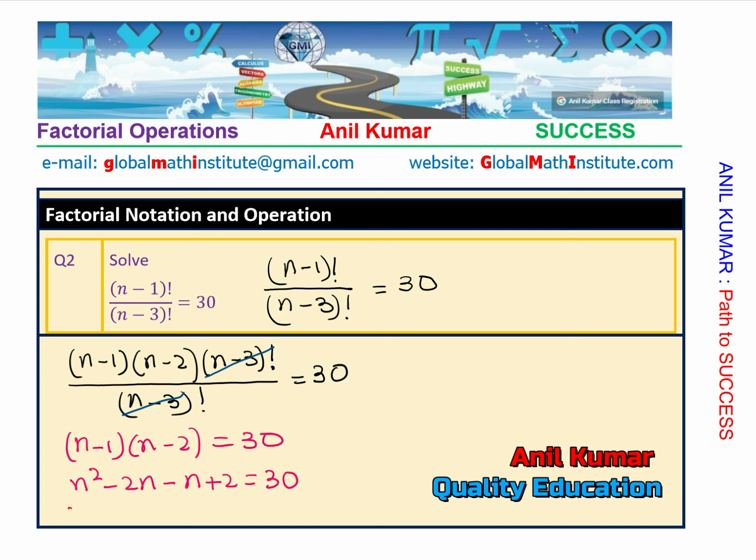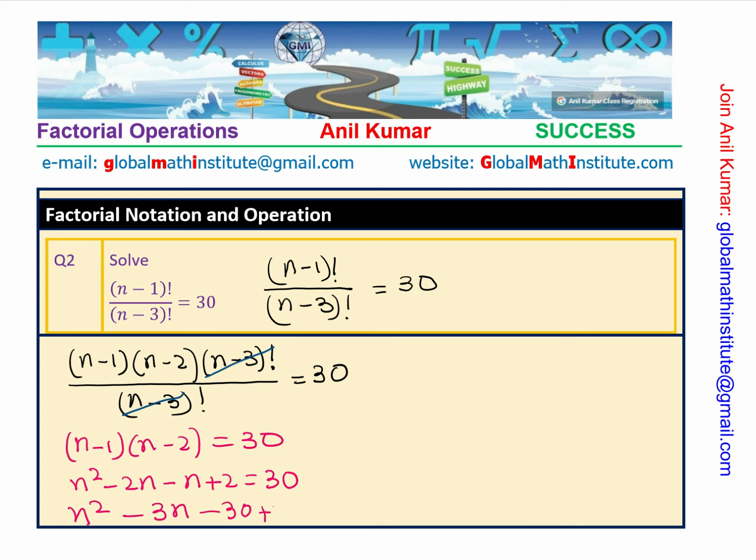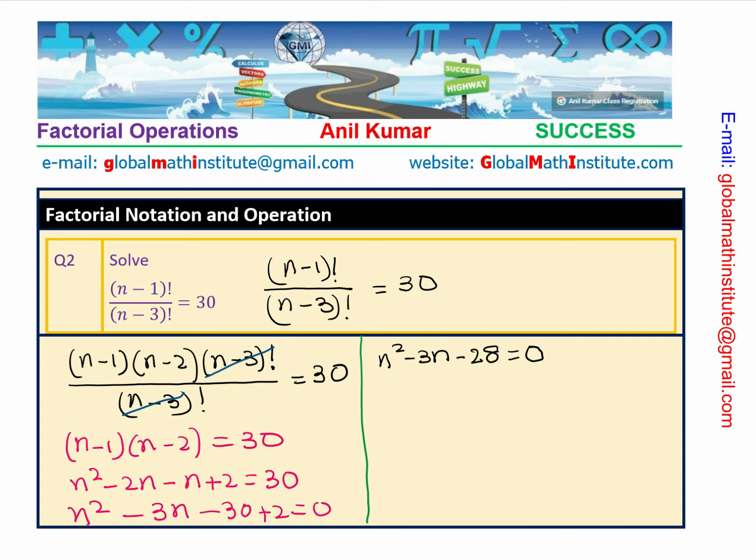Bring all the terms together, n squared minus 3n, and we have here minus 30 plus 2 equals 0. So I brought 30 to the left hand side. Now let's solve this quadratic equation, which is n squared minus 3n minus 28 equals 0.